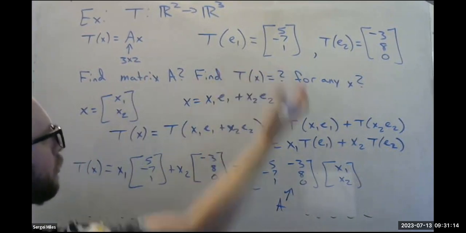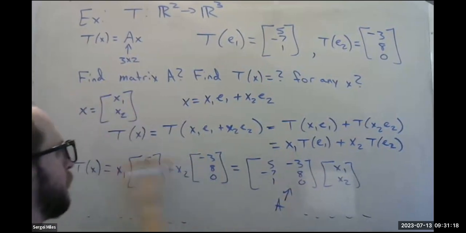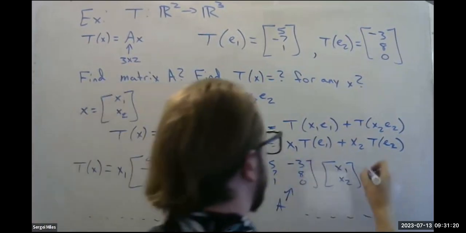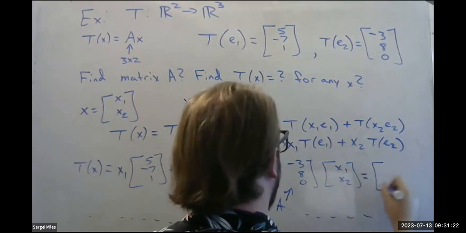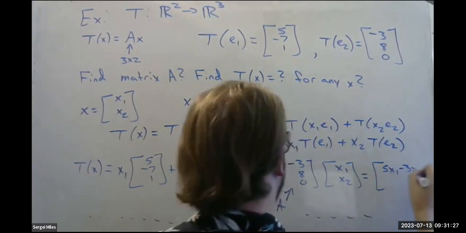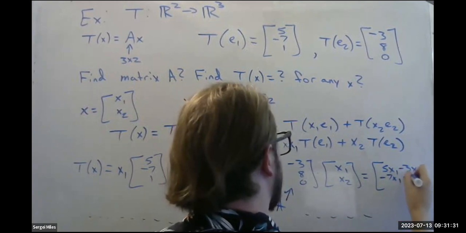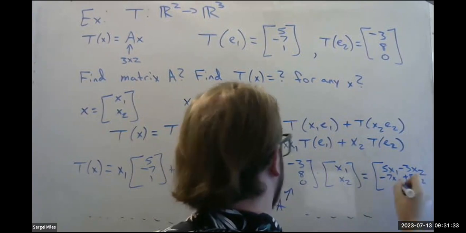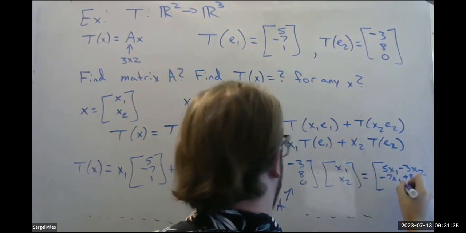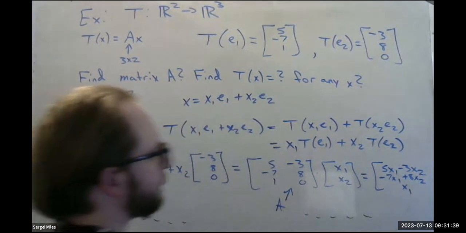But then two, what is T of x equal to? Well, now I can multiply this out. I can multiply, add these together. I can do the dot product. And we're going to have 5x1 minus 3x2, -7x1 plus 8x2, and x1.